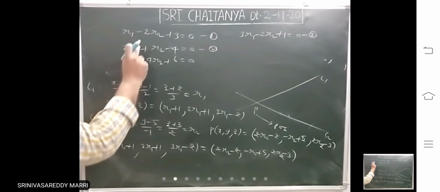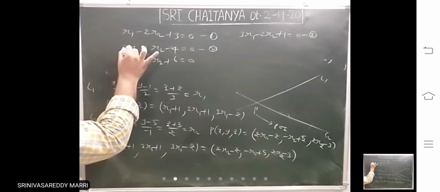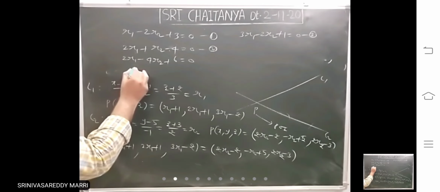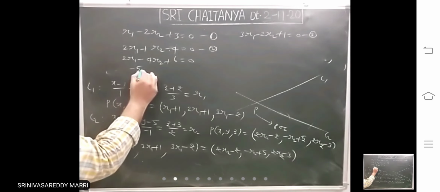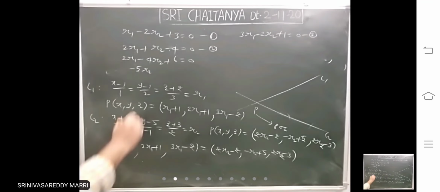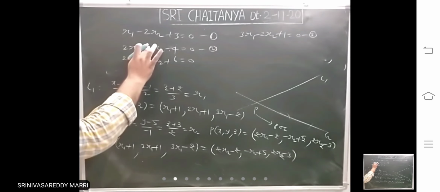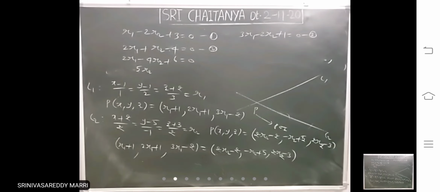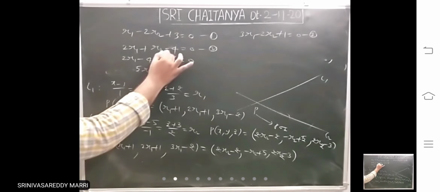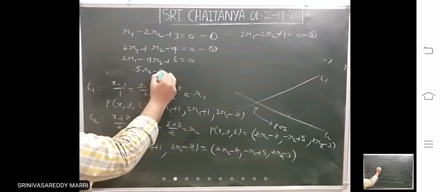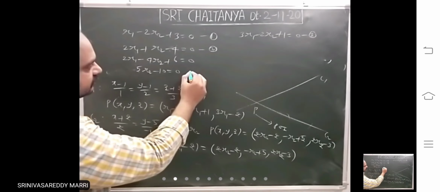So I have multiplied with 2. Now this minus this means minus 5R2. 5 this minus this means R2 plus 4R2. 5R2 minus 4 minus 6, minus 10 equal to 0.